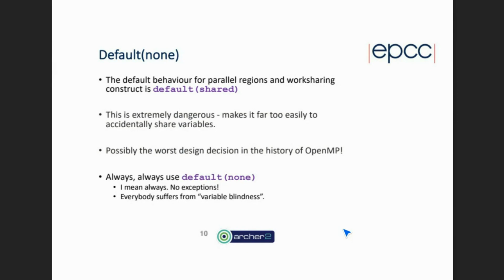It's very easy to accidentally share variables, and so it's possibly the worst design decision that OpenMP ever made. I really think it was a serious mistake, and it's probably caused more bugs and more people spending hours and hours debugging code than anything else.